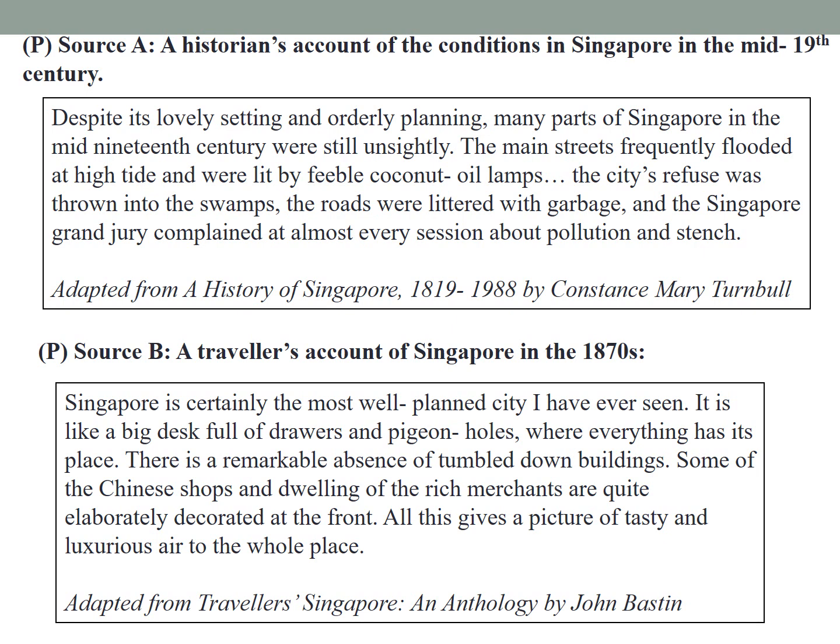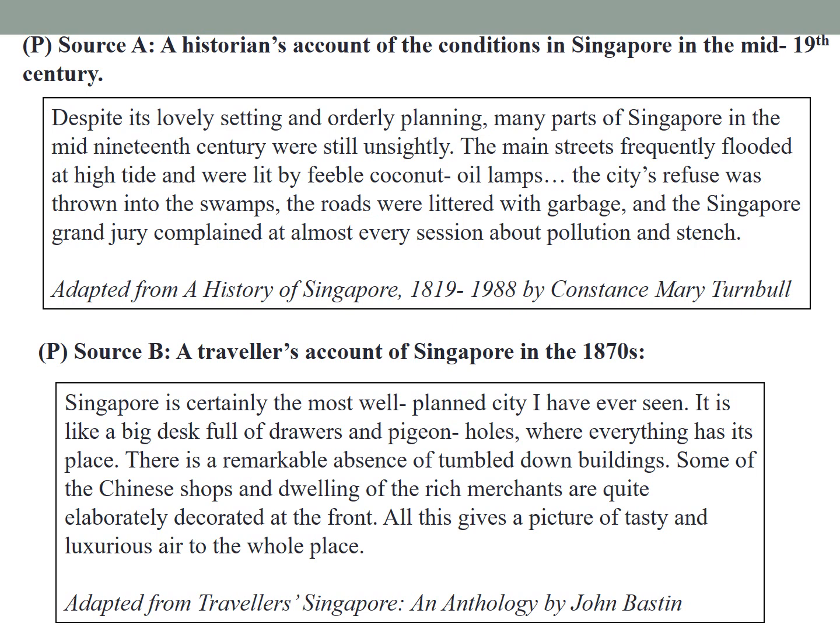The second source, we look at the provenance. The provenance is from a traveler's account, meaning this is an eyewitness testimony of the condition of Singapore in the 1870s. So we have similarity because this is also written in the 19th century.